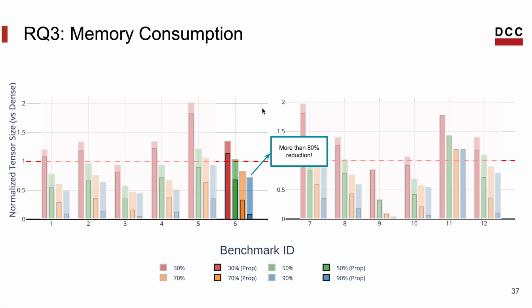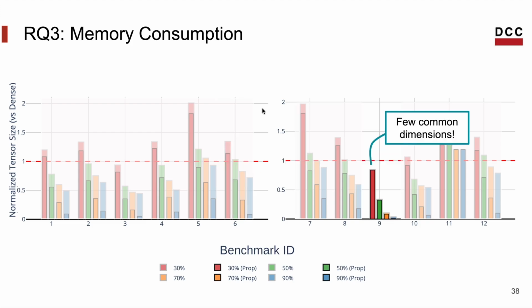In some cases, at very high levels of sparsity, we're able to see more than 80% reduction in memory consumption. In benchmark 9, there's no reduction because there are very few shared dimensions between the tensors, which prevents lateral propagation from discovering non-trivial sparsity between the tensors, which prevents memory reductions.